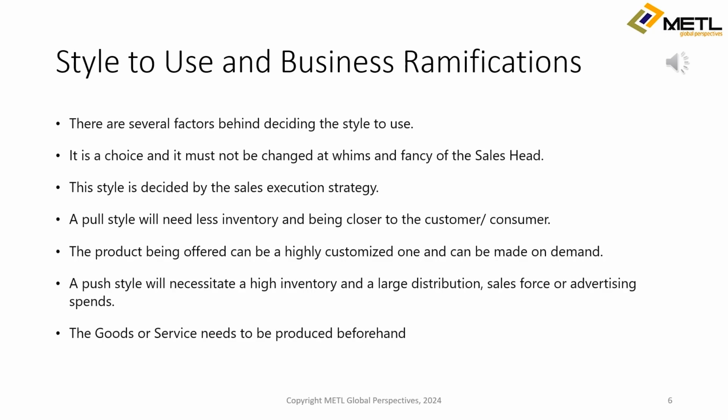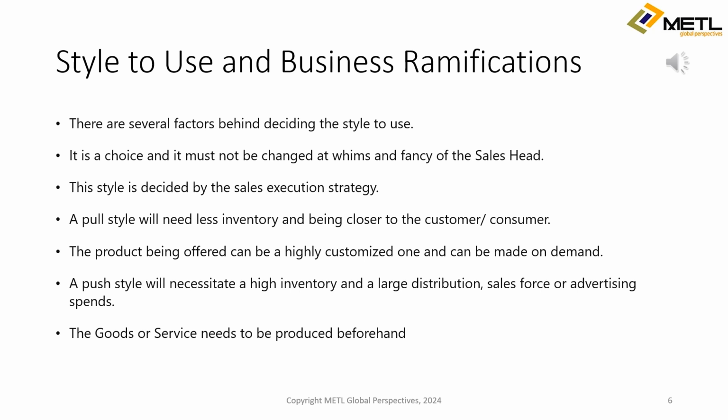Style to use and business ramifications. There are several factors behind deciding the style to use. It is a choice and it must not be changed at the whims and fancy of a sales head. This style is defined by the execution strategy. A pull style will need less inventory and being closer to the customer or the consumer.